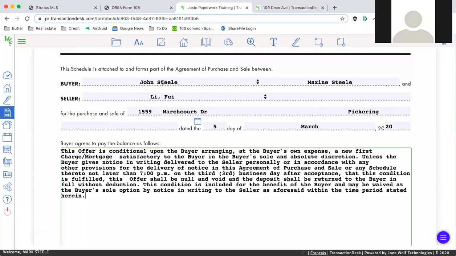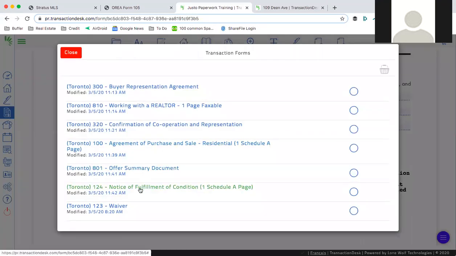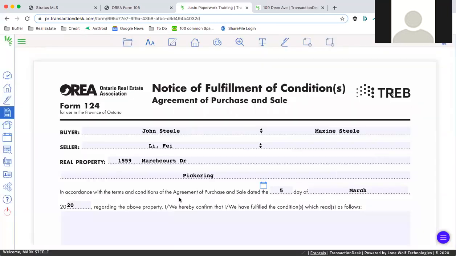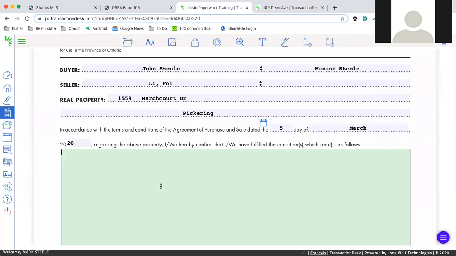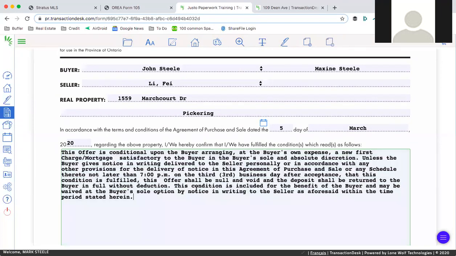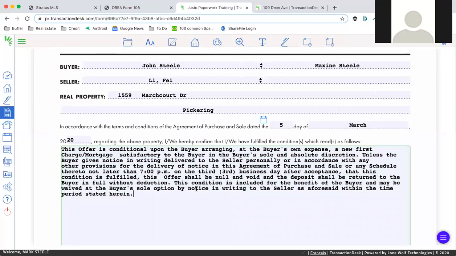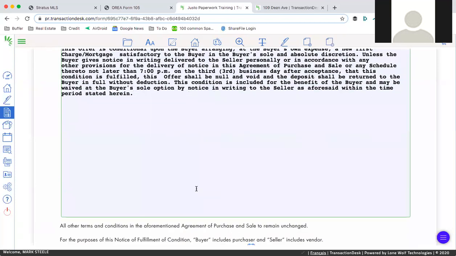And once that condition has been met, I'm going to copy and paste the exact same wording and put it in our notice of fulfillment of condition, which essentially says that the offer from this date for this property, with this seller and that buyer, we met this condition. That condition has been fulfilled. It's complete. Okay? And this is one of the documents that your buyer is going to sign, the seller will sign, and we'll keep it on our records here at the brokerage as well.